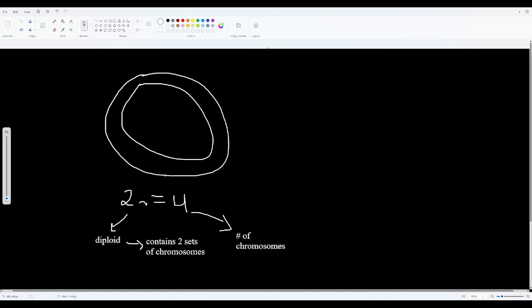So 2n equals 4 tells us it's a diploid cell with 2 sets of chromosomes and has 4 chromosomes in total. So therefore it has 2 sets of 2.